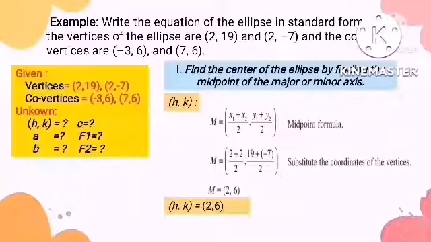So we come up with m equals (2 plus 2) over 2, (19 plus negative 7) over 2. And then let's simplify. So we came up with m equivalent to (2, 6). So therefore, our center h, k is equivalent to (2, 6), wherein our h is equivalent to 2 and our k is equivalent to 6.